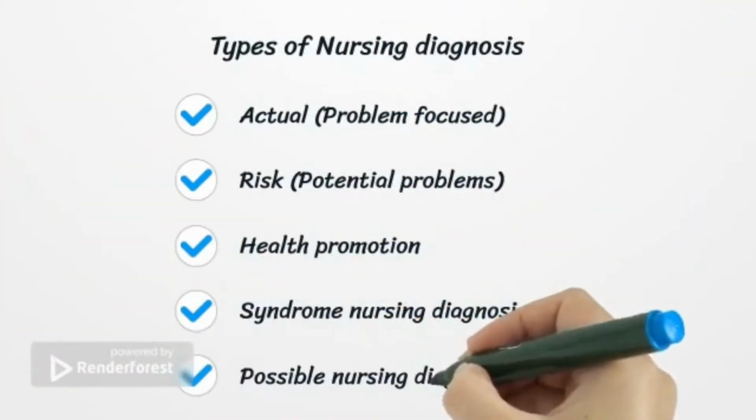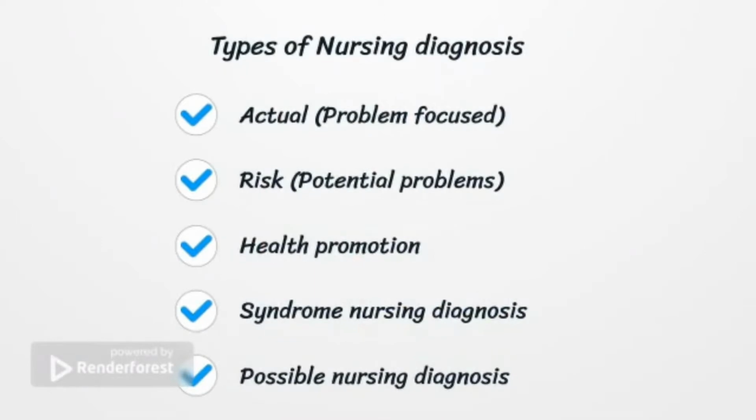We have types of nursing diagnosis. We have about 5 types, but academically we are focusing on only two for now, even though I'll give you all the 5. The actual nursing diagnosis, which is problem focused. We have the risk nursing diagnosis, which is potential problems.